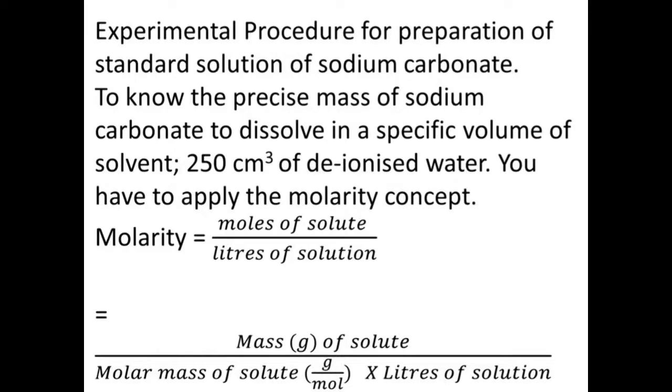So in doing this, we will have to make the mass the subject of the formula. And from this, you would get to know that the mass is molarity times molar mass times liters of solution.